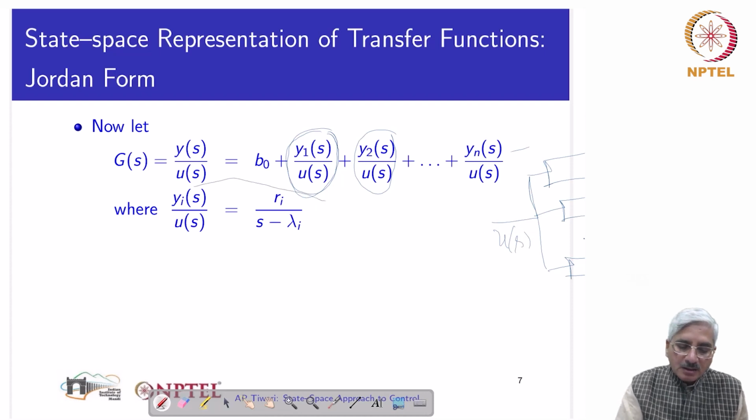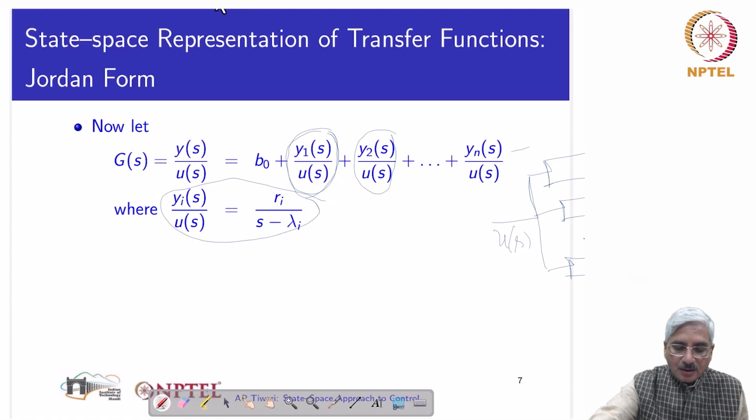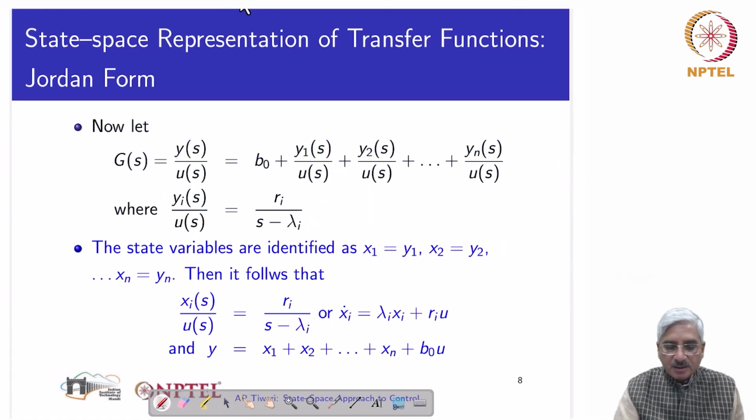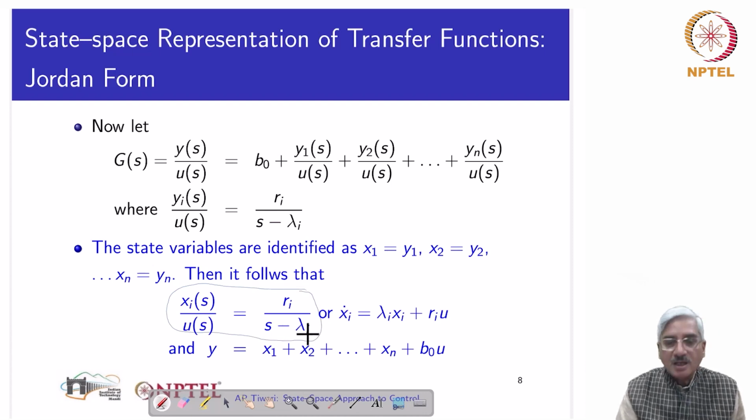So we consider one of them, Yi(s) by U(s), which is residue ri divided by s minus lambda i. If we do a cross multiplication and consider one after the other, we have Xi(s) by U(s) equal to 1 divided by s minus lambda i.